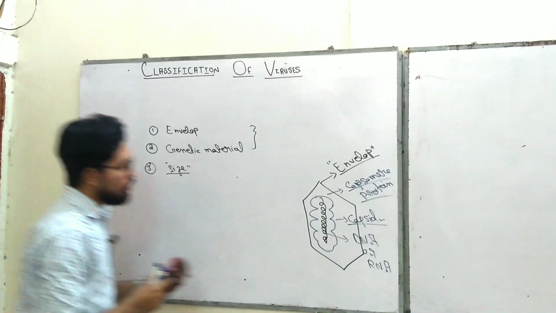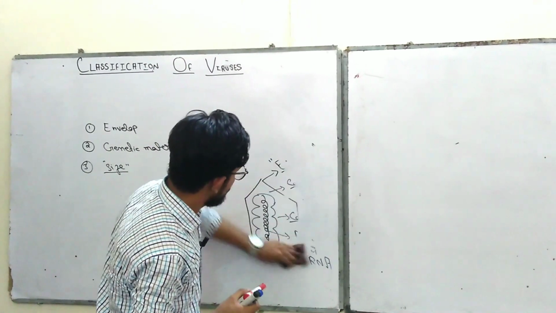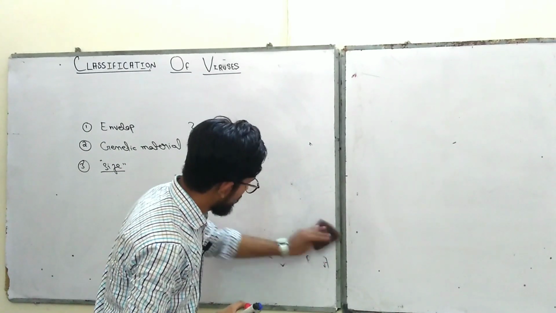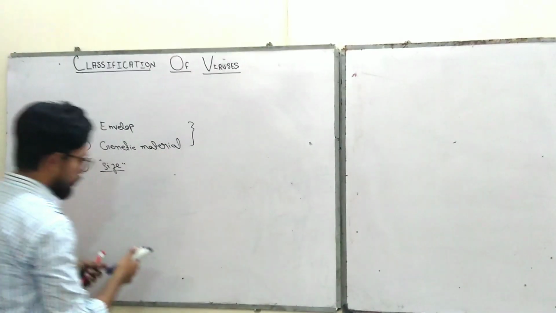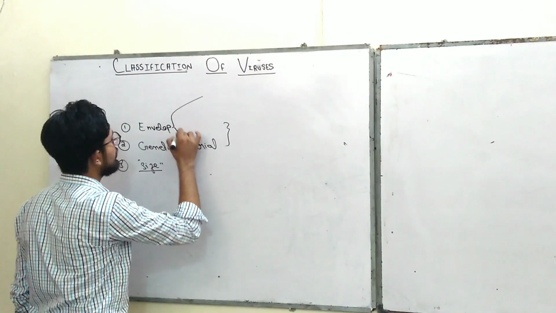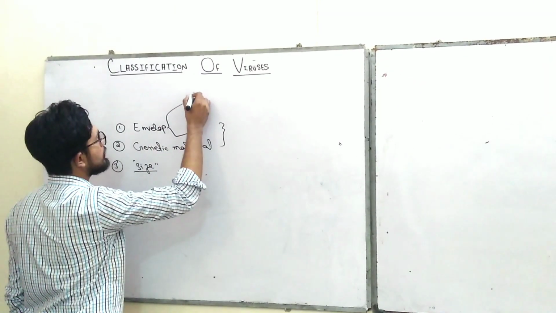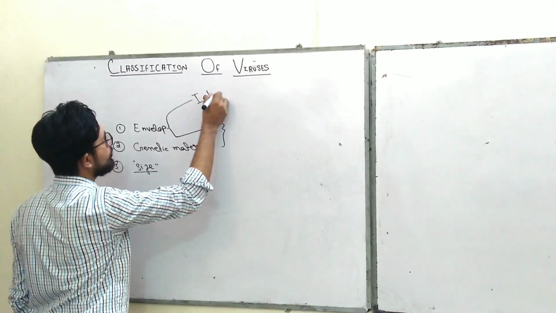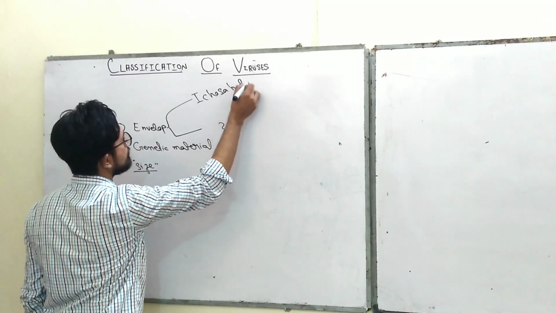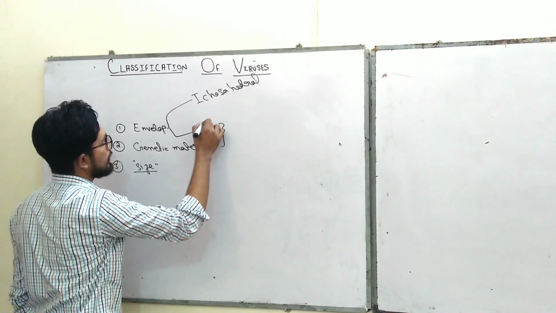All right, so the virus has two types of envelopes. Either it is icosahedral or it is helical.